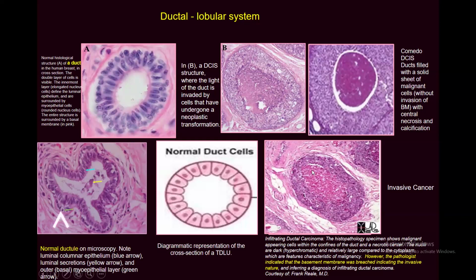To me, the breach of the basement membrane is not clear. Here it is obvious. This is the bilayer, the luminal and myoepithelial layers, and this is the basement membrane throughout. I can see it in the ductule, as in the illustration, but in this illustration I'm not sure, and I can go to higher magnification.